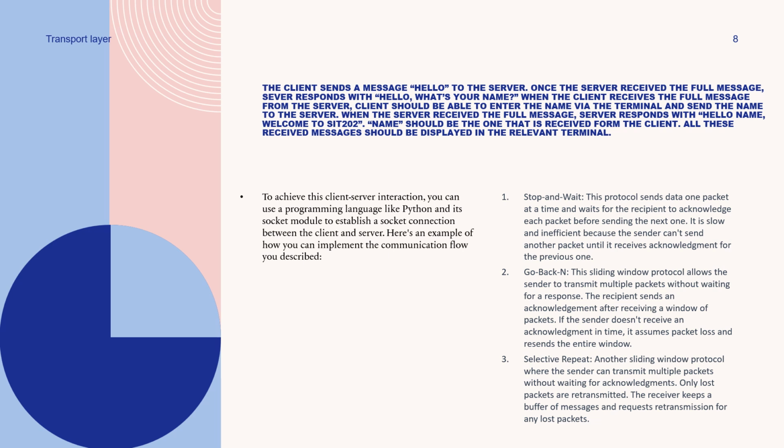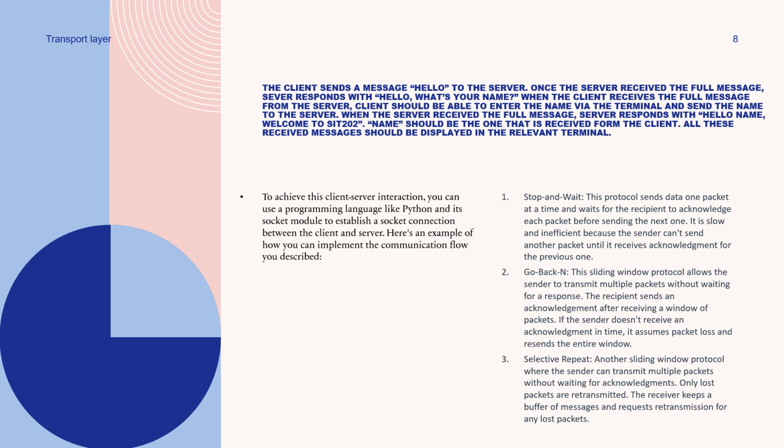So here we are discussing how this happens. It's slow and inefficient because the sender can't send another packet until it receives acknowledgement for the previous one. Then we go to go back, a sliding window protocol that allows the sender to transmit multiple packets without waiting for a response.